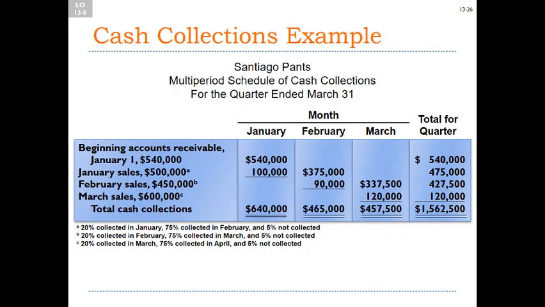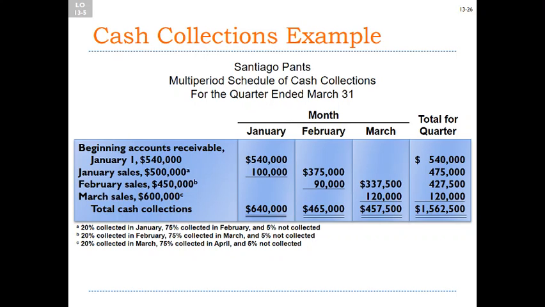They add that to the $375,000 worth of January sales that they expect to collect in February. So they have total cash collections of 465,000. And then in March, you've got $600,000 sales. 20% of that is 120,000 they expect to collect.